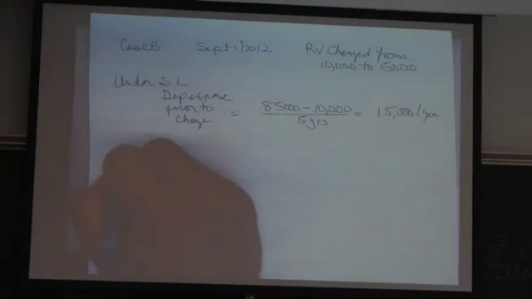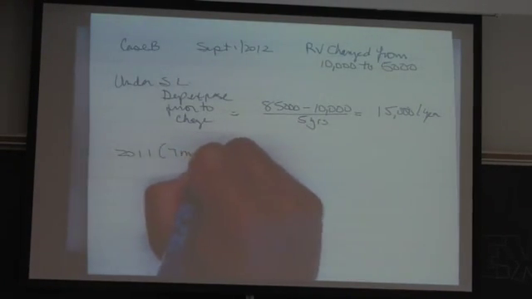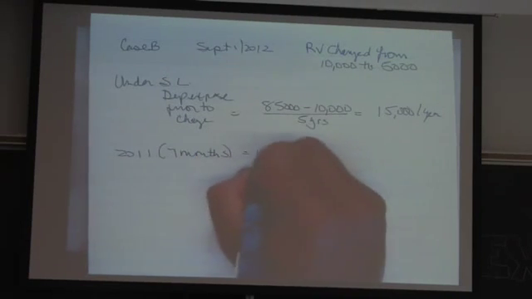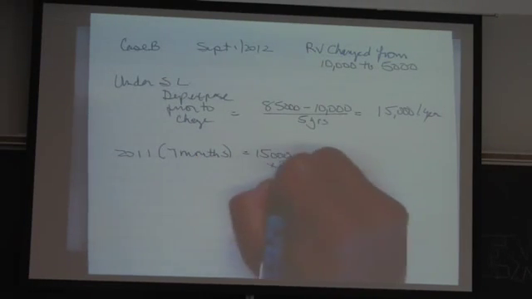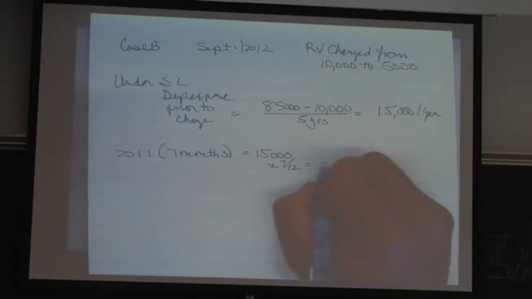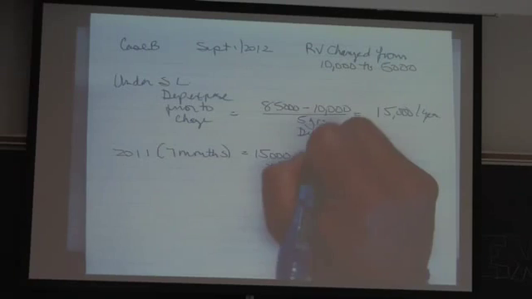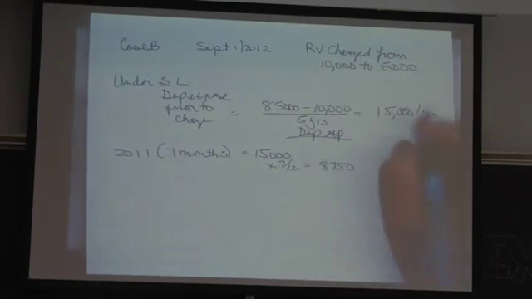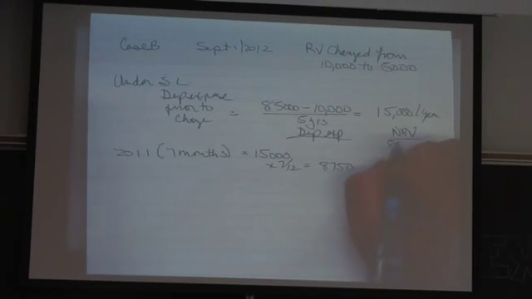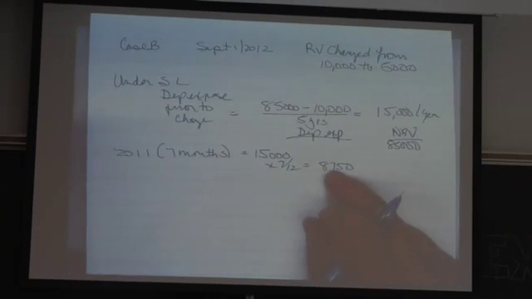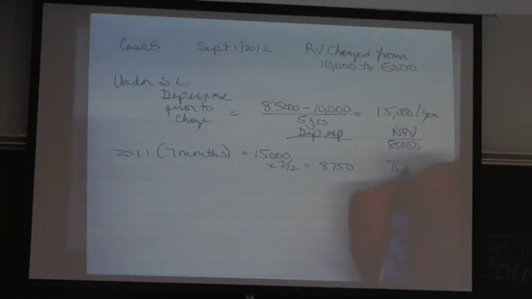So for 2010, because there's only 7 months, we're going to take 15 times 7 over 12 to give us 8,750. So this is the depreciation expense. And the net book value is going to be 85,000 less 8,750 to give us 76,250.